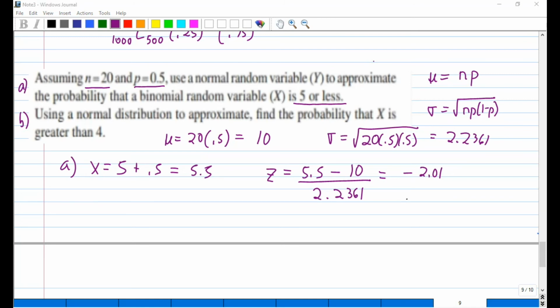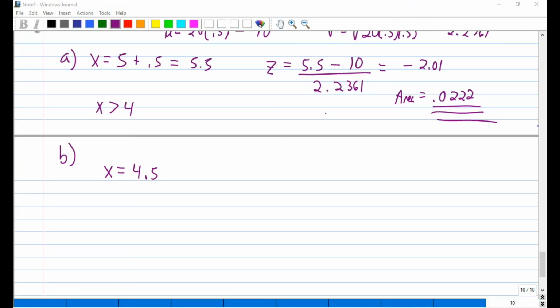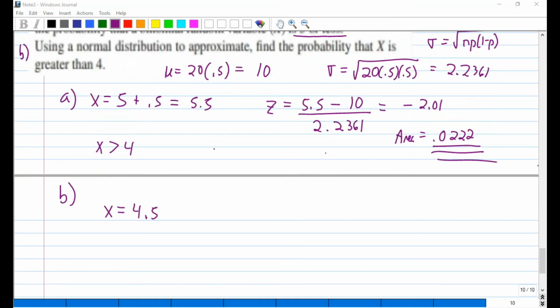All right, so that's an area equal to 0.0222. So that is the approximate probability that I would get a random variable of 5 or less for this data set.